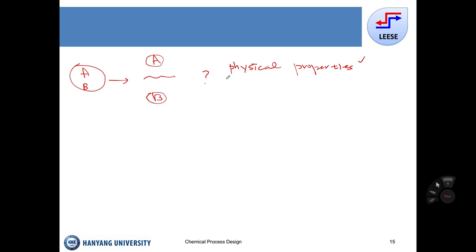Why? Let's say the density of A is significantly different from the density of B, then we can have settling. We just put that in the tank, and then A will be separated from B through phase separation.